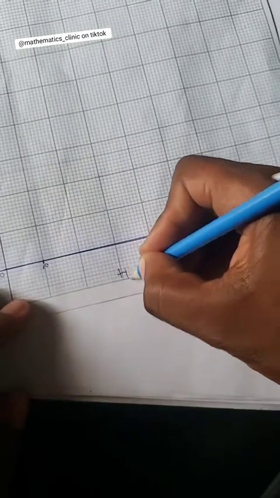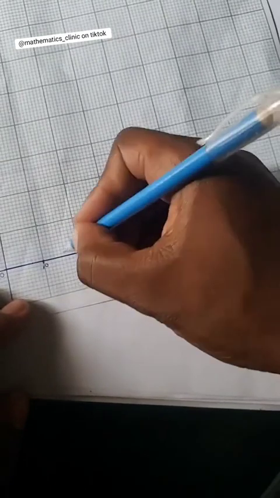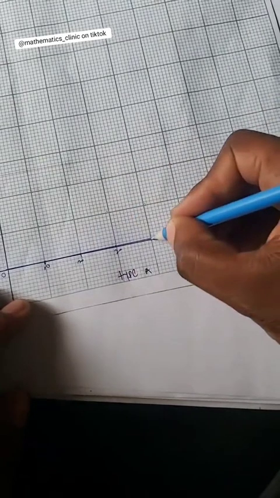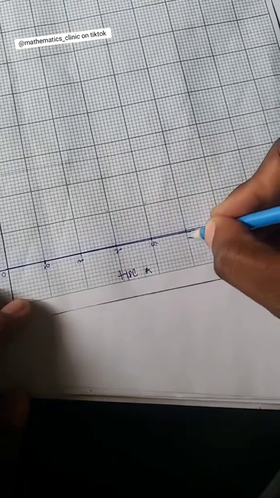So we have been told that 2 centimeters represents 10 cakes. So this is type B, type A: 10, 20, 30, 40, 50, 60, 70, 80, 90.